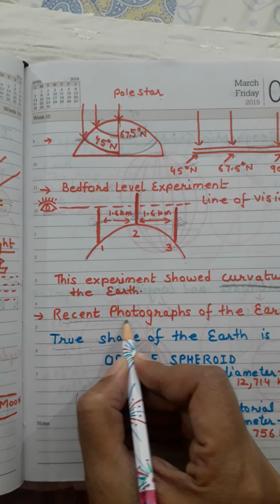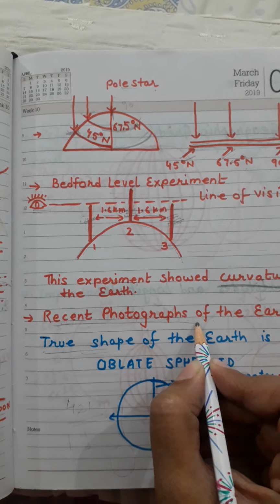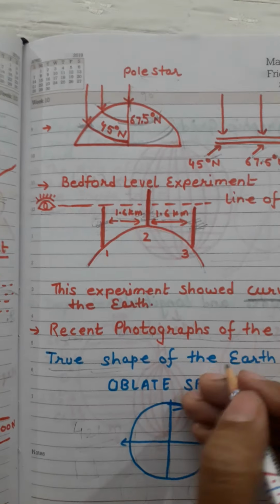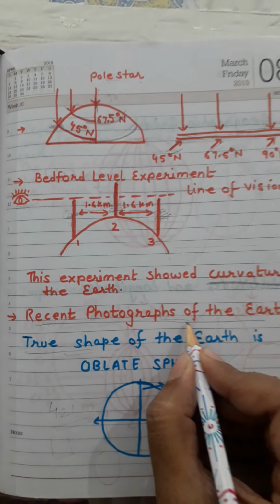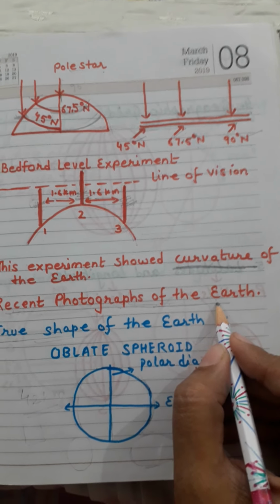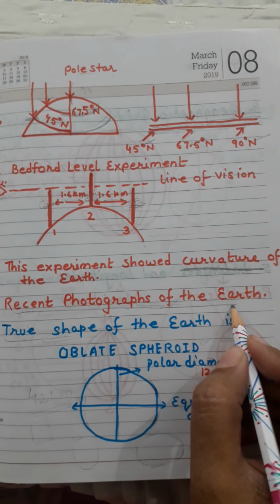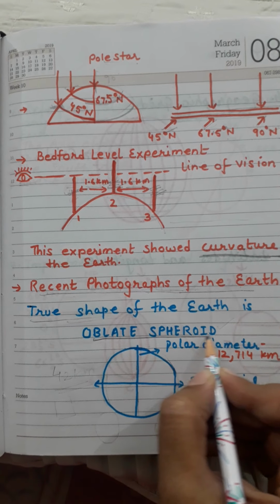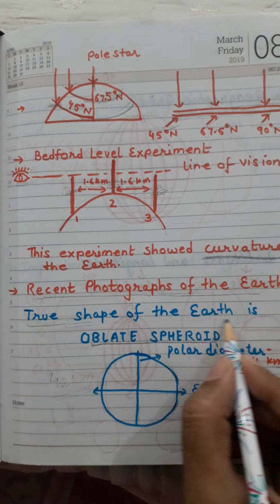And the most convincing proof today is the recent photographs of the earth. With the help of satellites we took so many photographs of the earth which depict that the true shape of the earth is an oblate spheroid. What is the true shape of the earth?